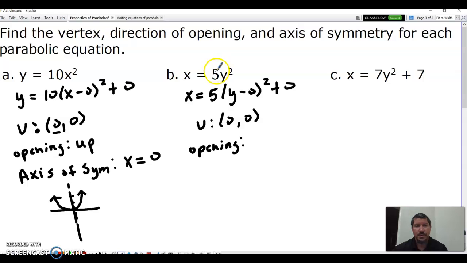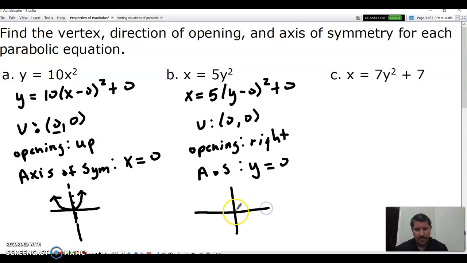That's positive, so I'm opening right. And my axis of symmetry now is going to be y equals 0, because again, I'm opening right, which means now my axis of symmetry is the x-axis and not the y-axis.